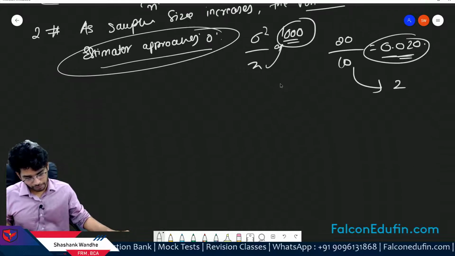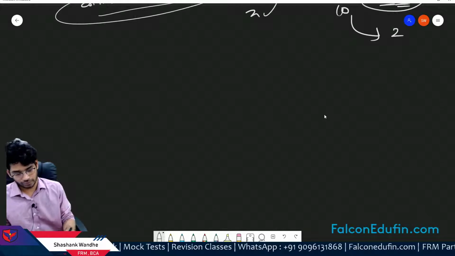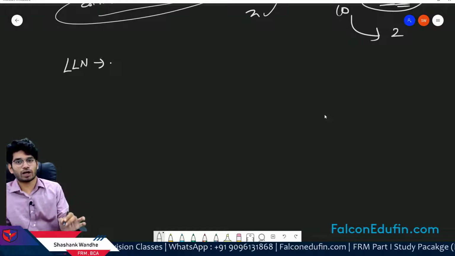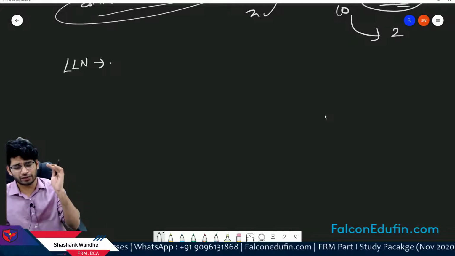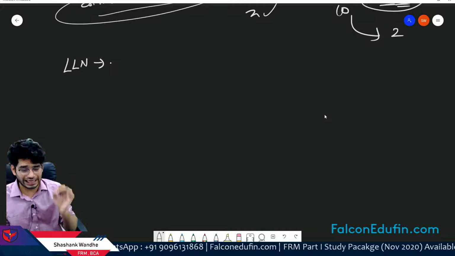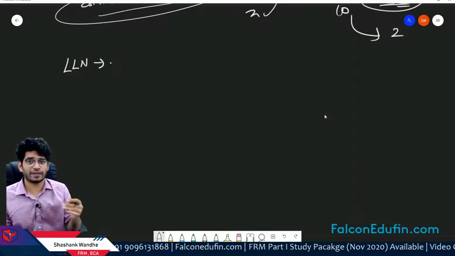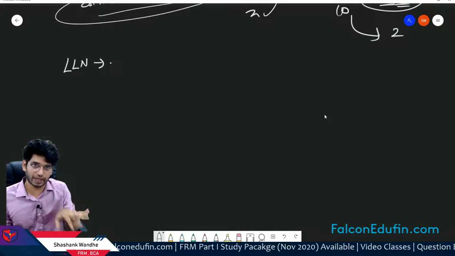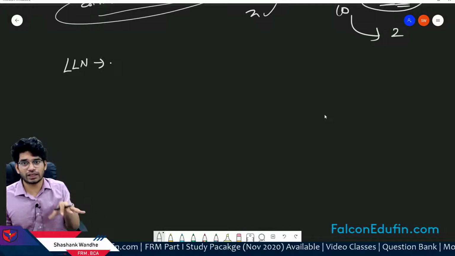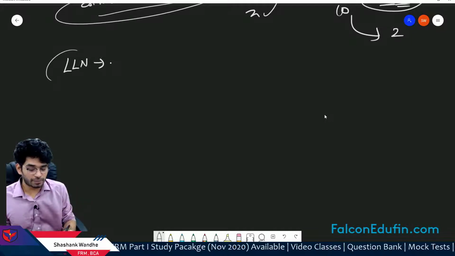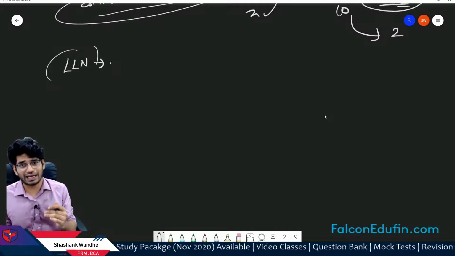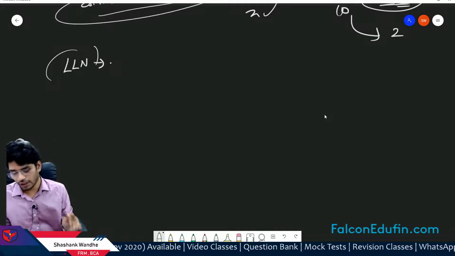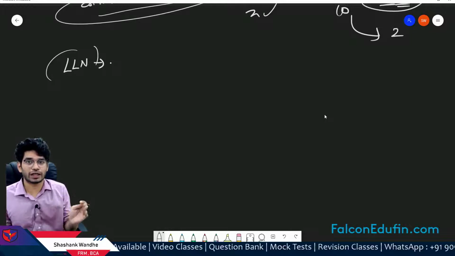Now what is the law of large numbers? You must remember this as statements, and don't try to remember it as a concept, because the conceptual clarity for LLN and CLT looks similar and might result in confusion, so remember it in a differentiating manner.